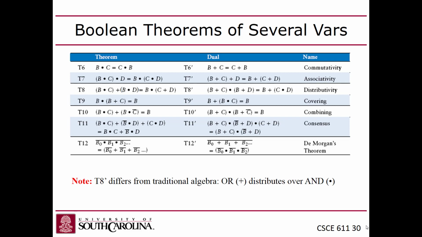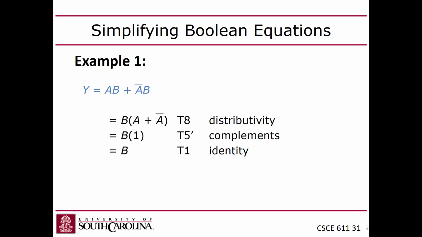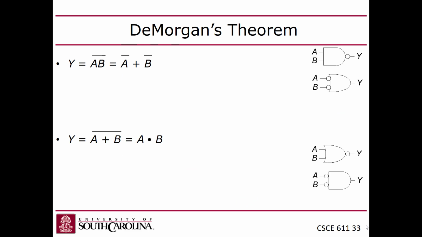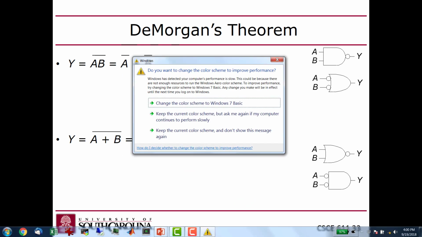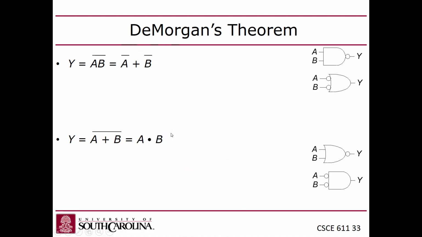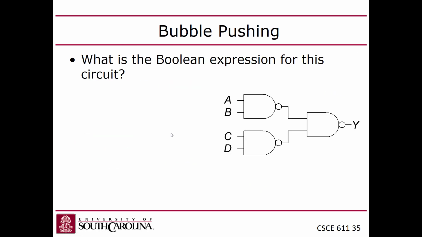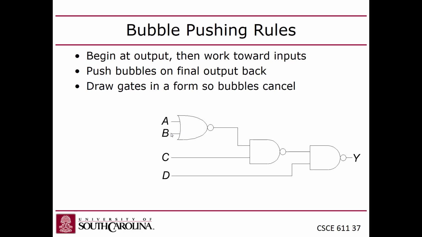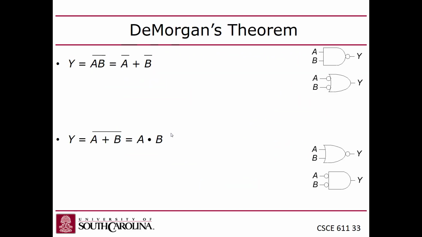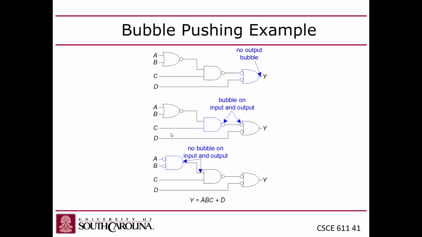So last time, to quickly review, we talked about this idea of bubble pushing, which is, bring up the example, where if you have a circuit that's comprised entirely of CMOS negated gates, you can convert it to non-negated gates by starting from the output and pushing the bubbles backwards.